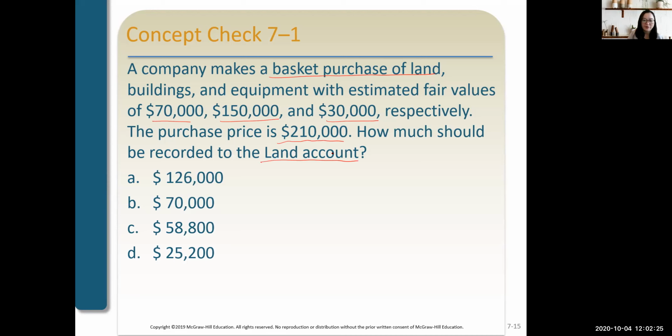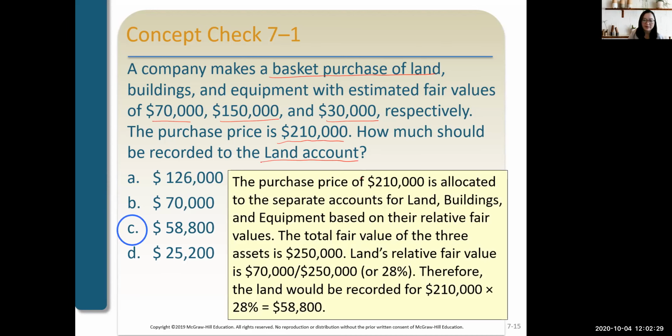Okay, so first of all, let's see the process. The purchase price of 210 is supposed to be allocated to separate accounts for land, building, and equipment based on their relative fair value. And the total fair value of these three assets is 250, right? Because 250,000 equals 70,000 plus 150,000 plus 30,000, right?